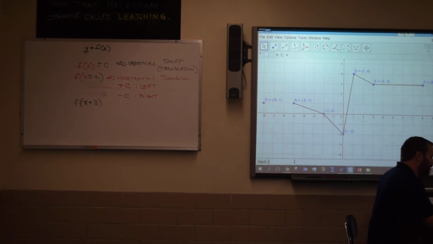Remove 3 from the x, so negative 5, y value stays the same, 0. Negative 3, negative 2, y value stays the same. Negative 2, 4, y value stays the same. 0, 3, and then 5, 3. So now connecting those.